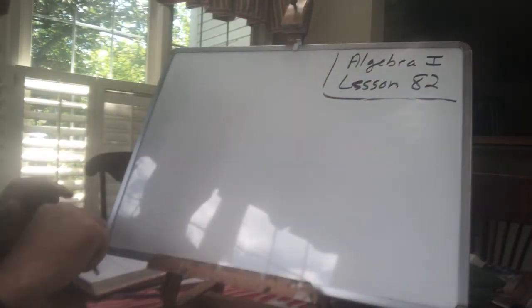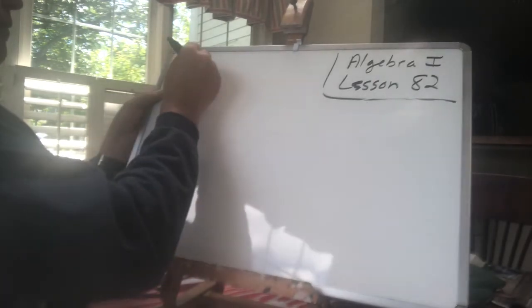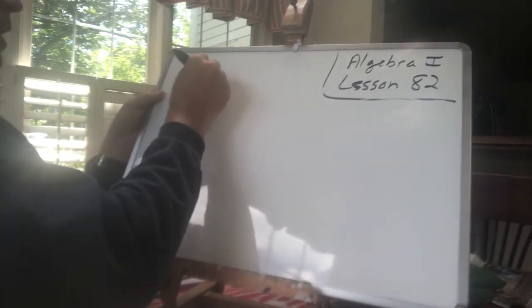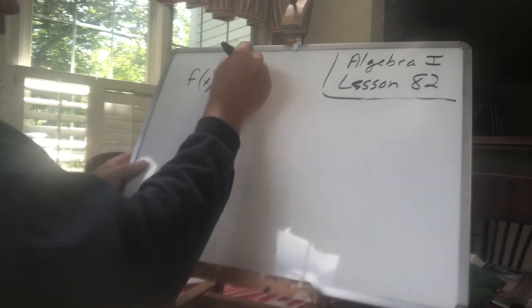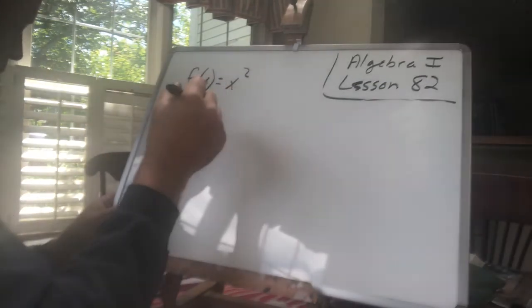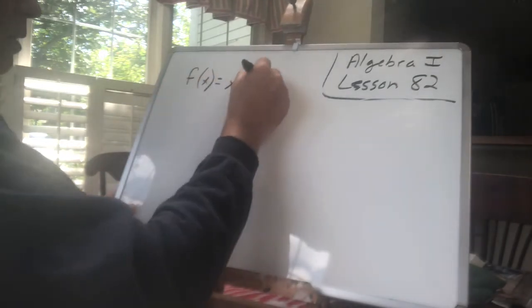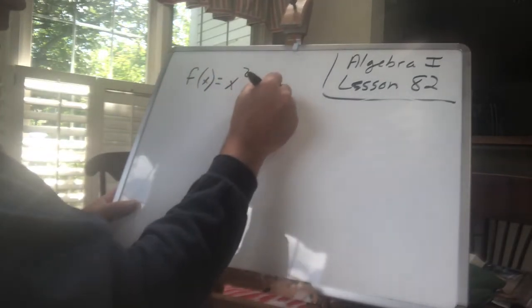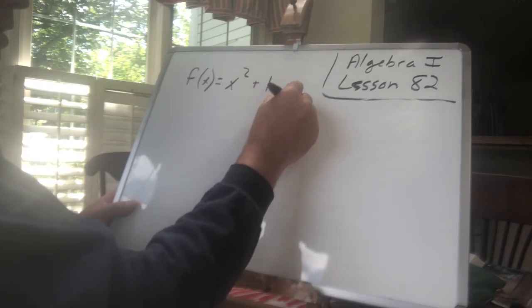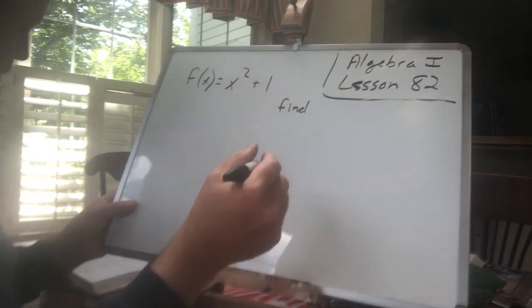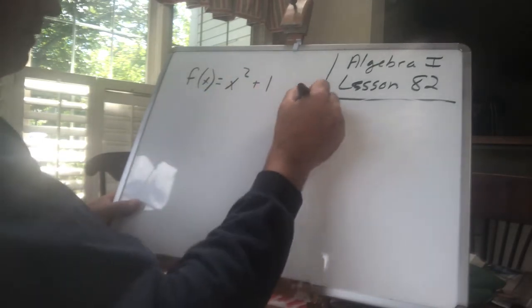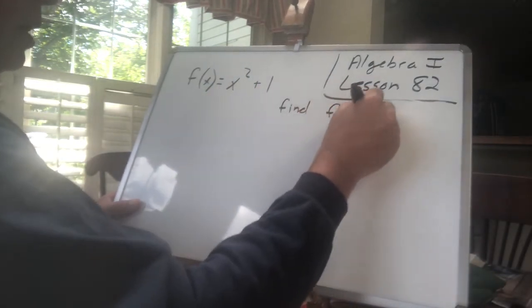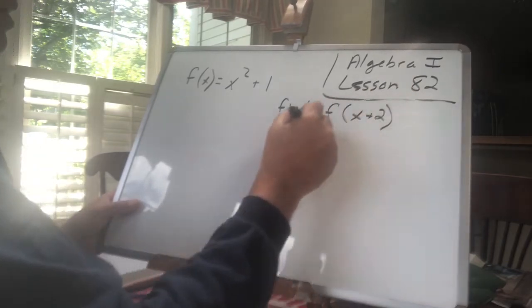Example 3, 82.3. If f(x) equals x squared plus 1, then find what f of x plus 2 equals.